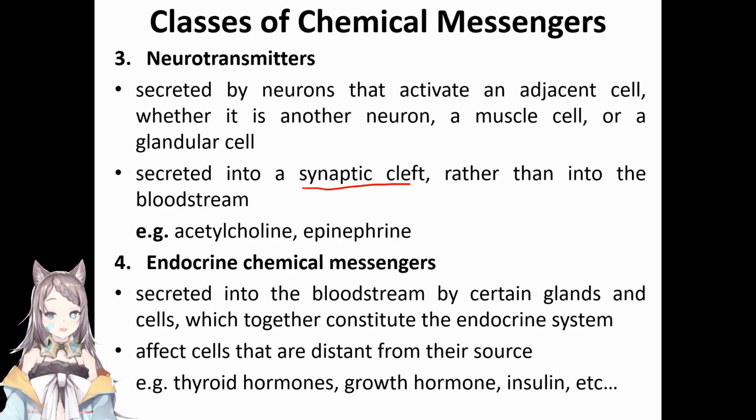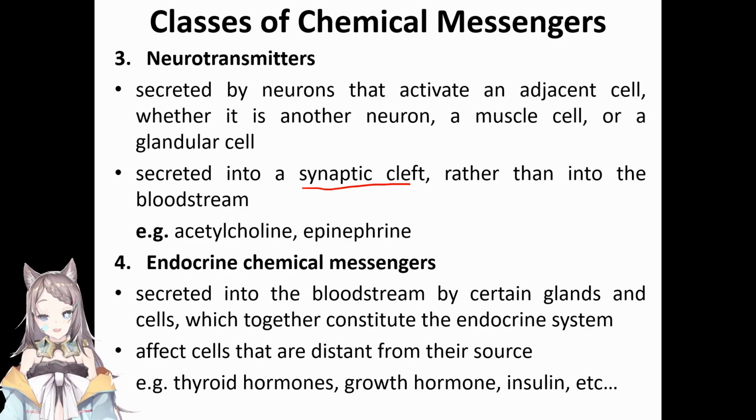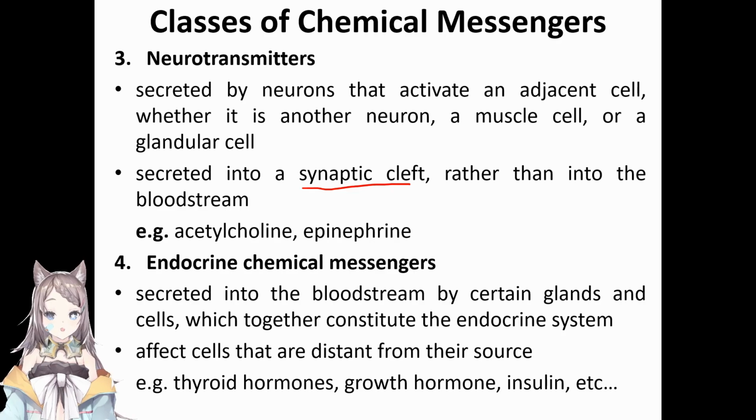And next, we have our topic for today. We have our endocrine chemical messengers. These are secreted into the bloodstream by certain glands and cells which together constitute our endocrine system.